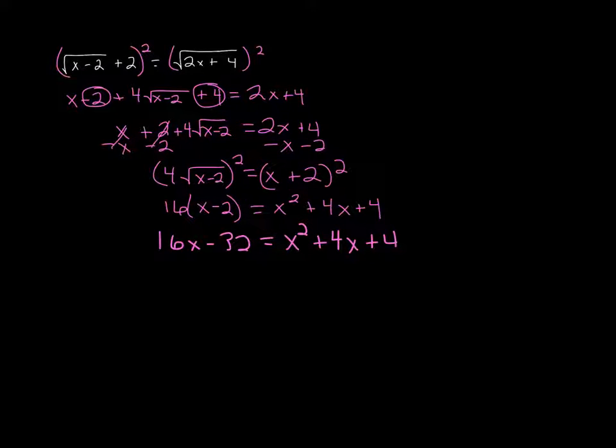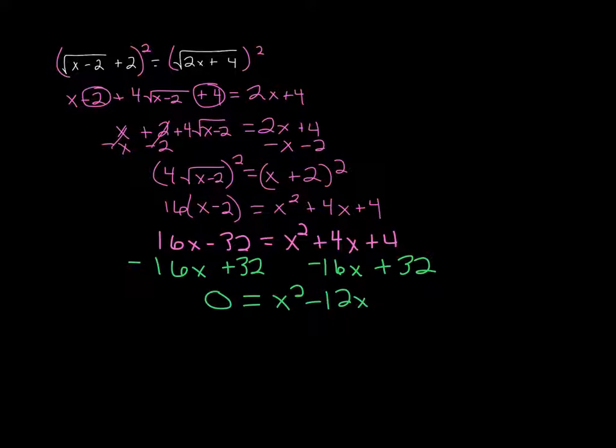Since this is quadratic, let's get everything on the same side. So minus 16x plus 32. So 0 equals x squared minus 12x plus 36. So A times C is 36.